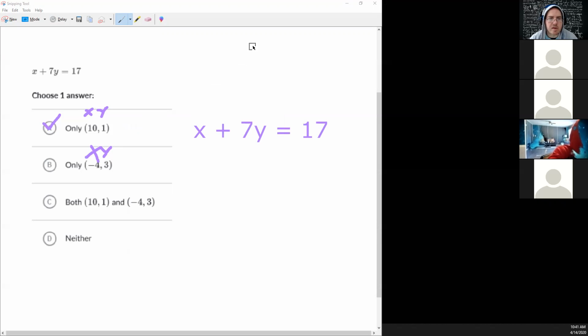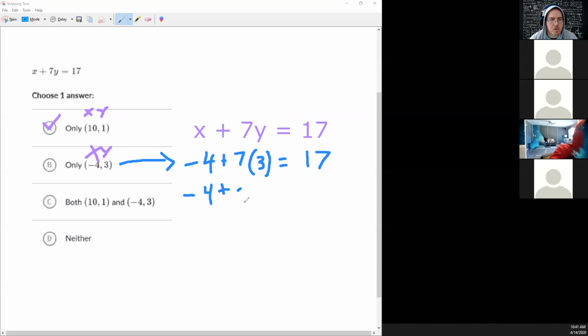Let's try this again with these numbers. So if x is negative 4 and y is 3, true or false, does that come out to be 17? So that'd be negative 4 plus 21.